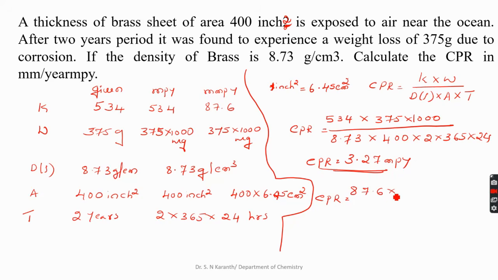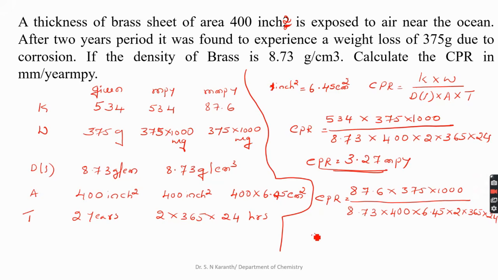87.6 K, and 375 into 1000 divided by 8.73 into 400, and I should multiply by the conversion factor 6.45 into 2 into 365 into 24.